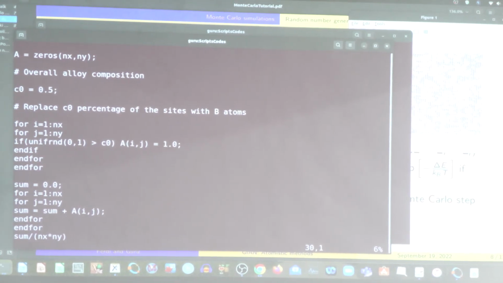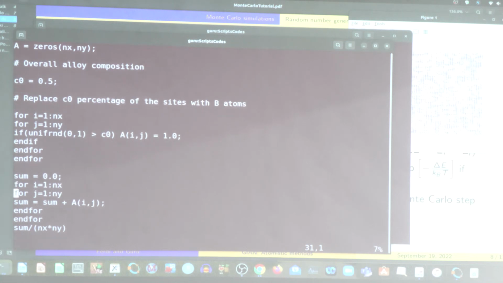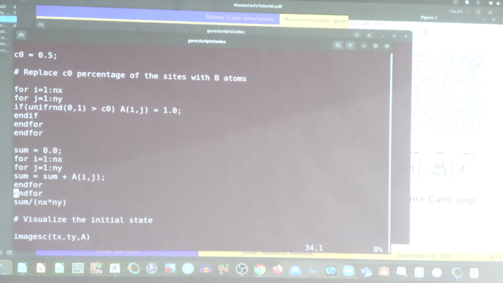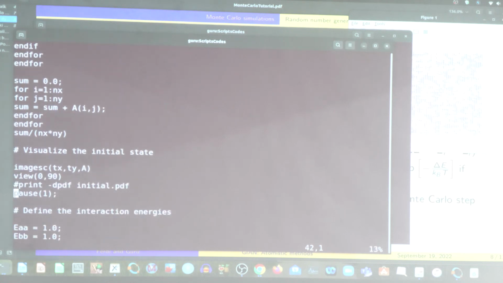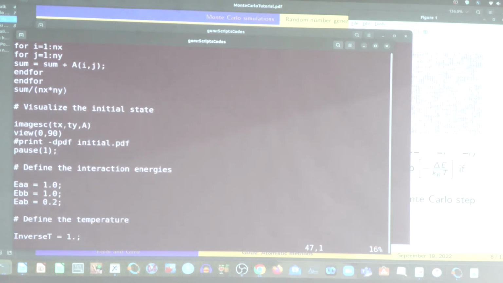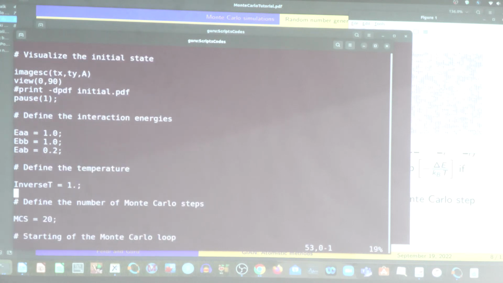So, composition is that of B atoms, and I calculate the average composition and print it, then I print the initial structure. This is where I am defining the interaction energies EAA, EBB, EAB, okay, and define temperature.